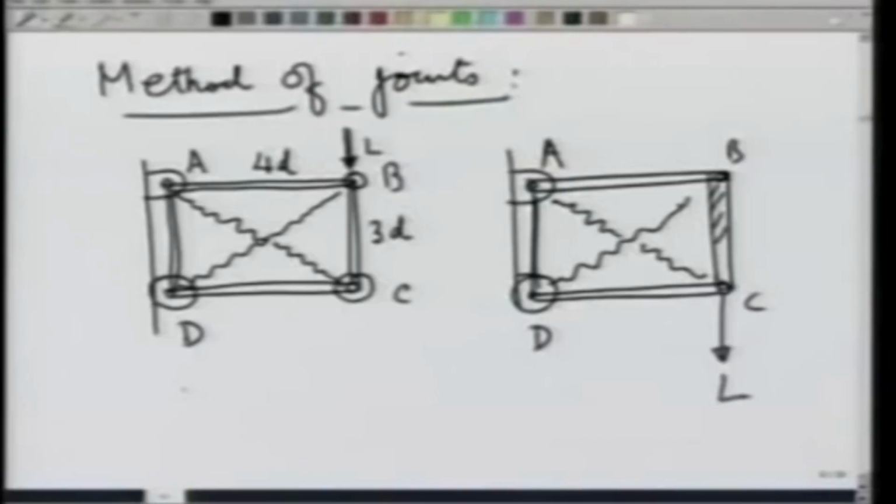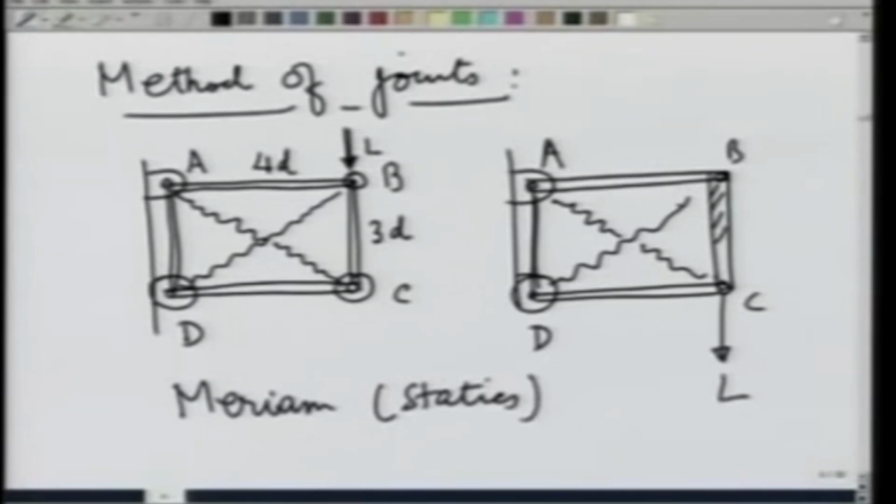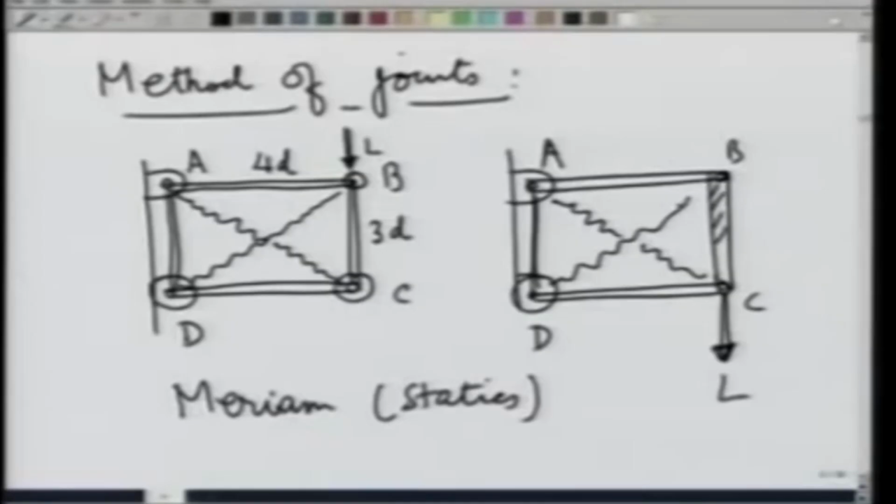I should also mention that this problem is taken from the book of Meriam. This is quite a nice problem because it teaches us quite a lot of things in one problem.